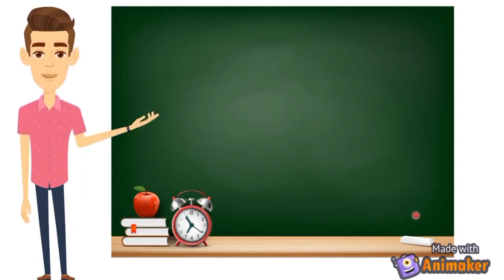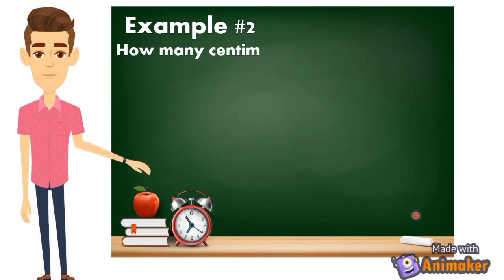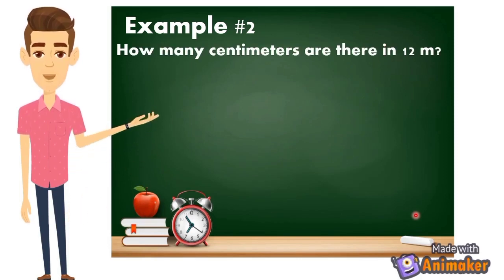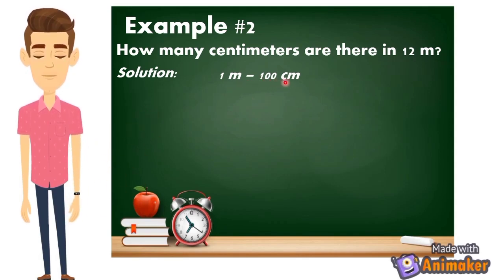Next, example number 2. How many centimeters are there in 12 meter? So, for the solution, and let us remember, kailangan natin tandaan na in 1 meter, meron tayong 100 centimeter and this is based on the conversion table. Again, in 1 meter, meron tayong 100 centimeter.